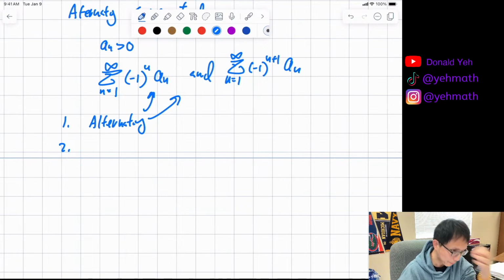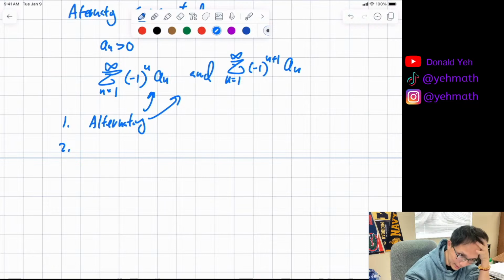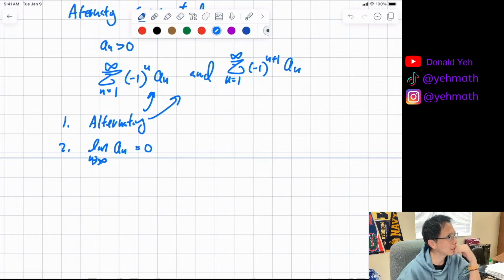Now, the second thing is the limit as n approaches infinity of a_n is equal to 0. What does that look like? It looks kind of like the nth-term divergence test, right? But there, if the limit is not equal to 0, therefore it diverges. But this time, a_n equal to 0 is a good sign.